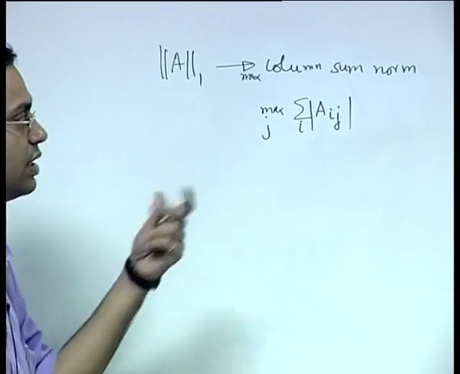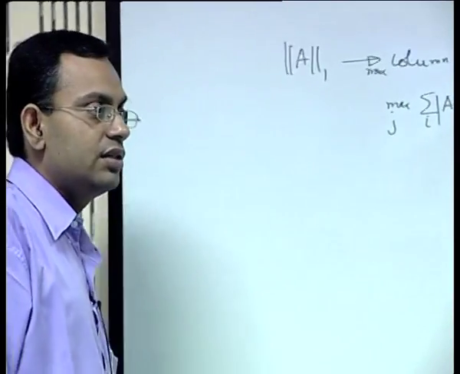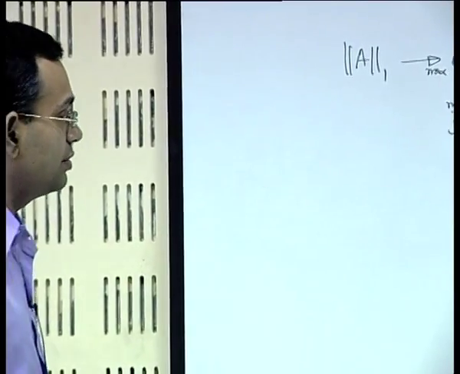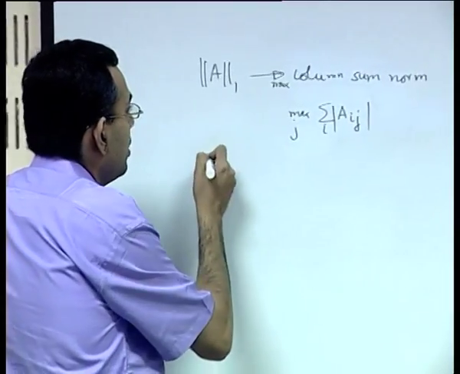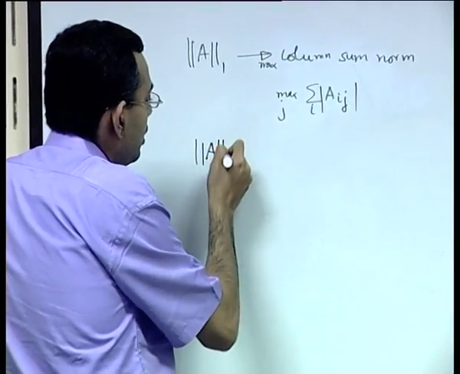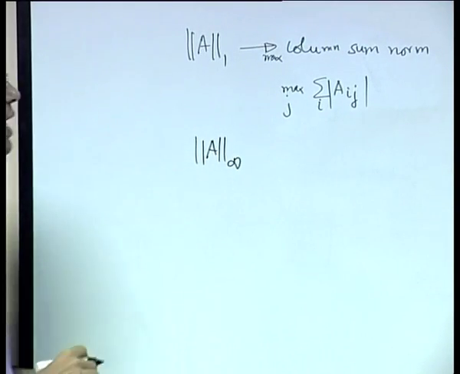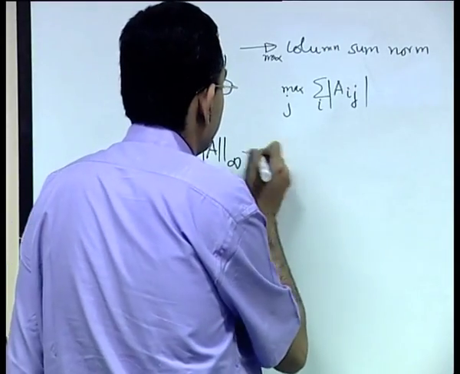We will consider some numerical examples to illustrate this one, but let us first go into the definition. Similarly, the infinity norm is called the maximum row sum norm.